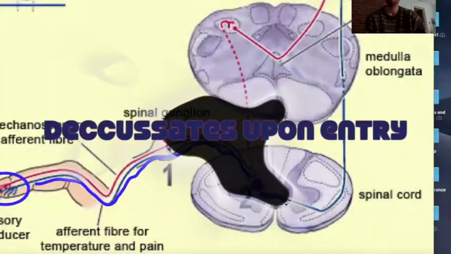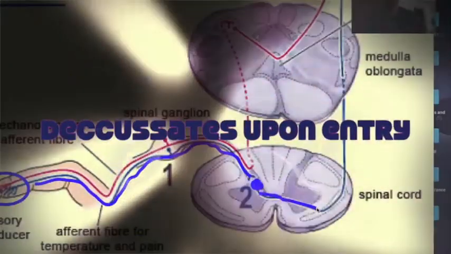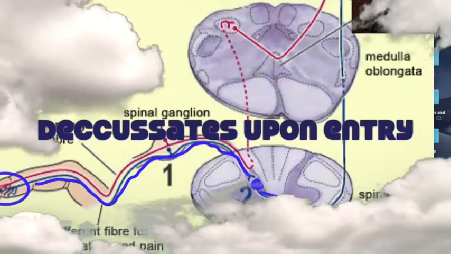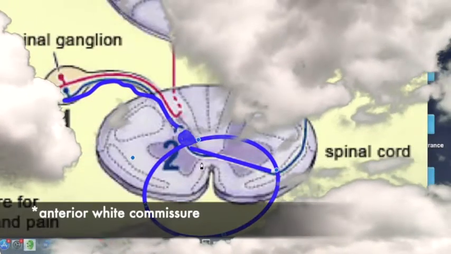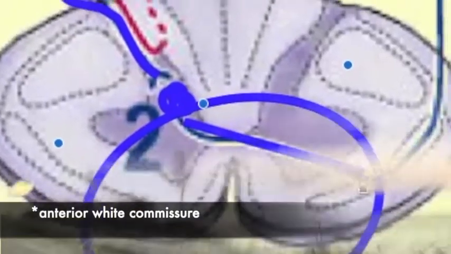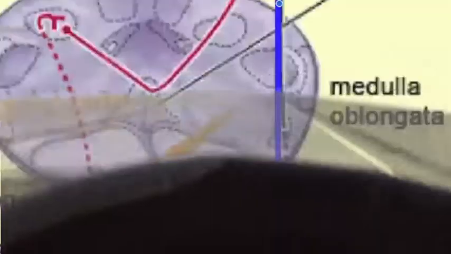And decussate immediately. So it's going to go through this anterior white matter, maybe this is called the anterior funiculus. And then it's traveling. It decussated, and then it's going to travel up on the contralateral side from where it was detected on the body.